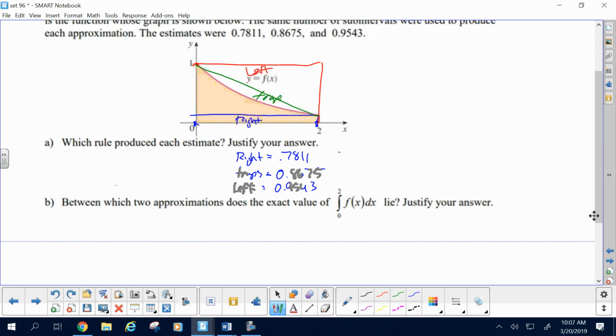Between which two approximations, let's just use the numbers rather than the words, is the true area? What do you think? The true area of F from 0 to 2 is definitely greater than 0.7811, but less than 0.8675 because it's less than a trapezoid. Yeah? You with me?